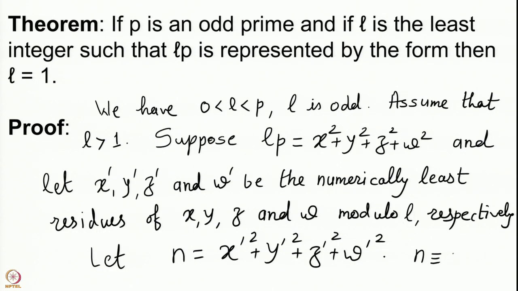And so, their squares will also be congruent and then the sums of the squares will also be congruent. So, modulo L, n is congruent to the earlier sum which is L times P and therefore, n is congruent to 0 mod L.